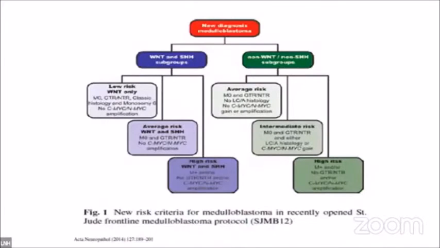This is the same slide, and the low risk ones are those which don't have any metastasis, and if you have done a surgery, there is less than 1.5 cubic centimeter of tumor left. In such patients, you can do a wait and watch policy rather than giving them high radiation, or giving them low radiation of 18 gray or 23 gray.